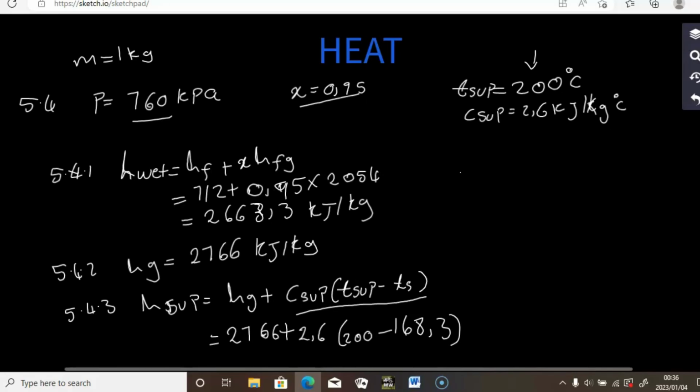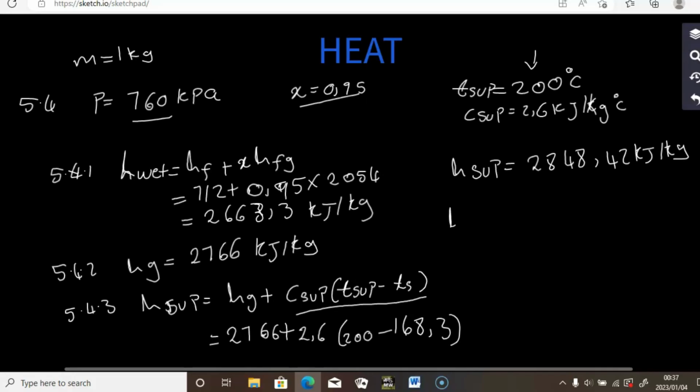So the answer, H sup, I got that it is equal to 2848.42 kilojoules per kg.